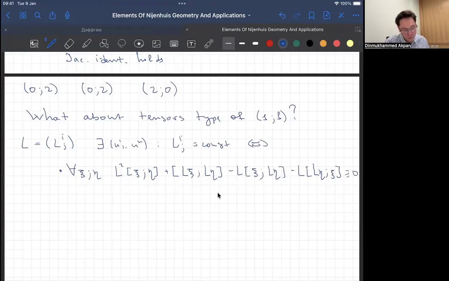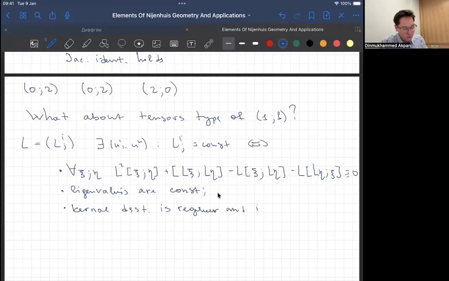This expression should vanish. The second one is that the eigenvalues are constant. And the third one is that the kernel distribution is regular and integrable.